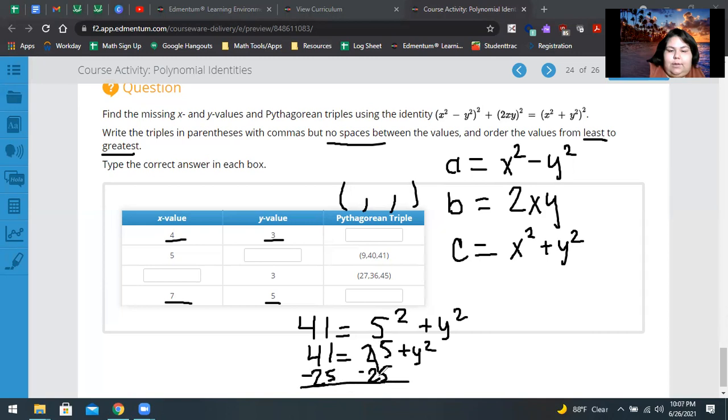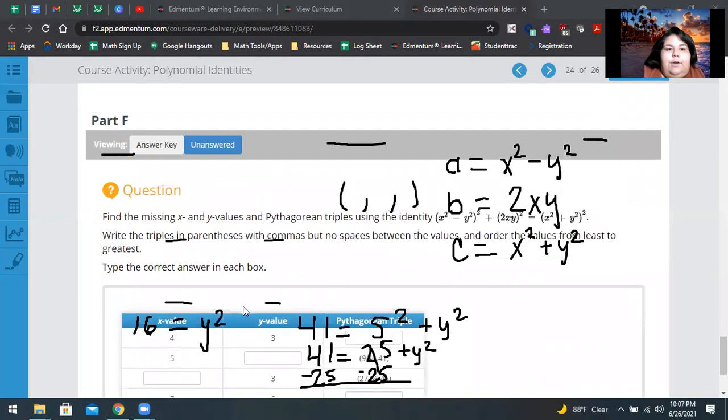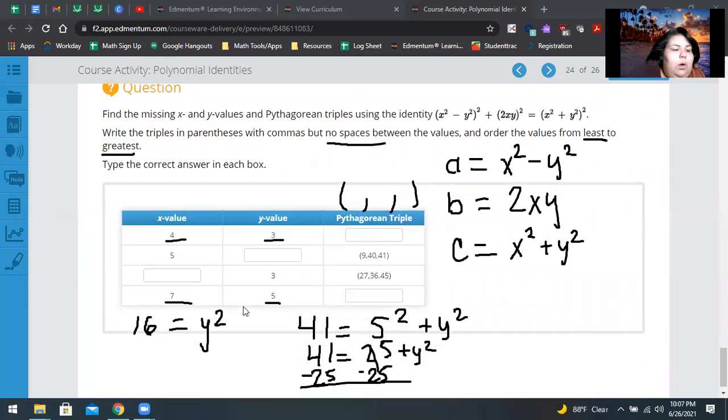This cancels. 41 minus 25 is 16, equal to y squared. Now, I don't want y squared, I want y, so I'm going to take the square root. So we have y equals, what is the square root of 16? That is your answer for this one right here.